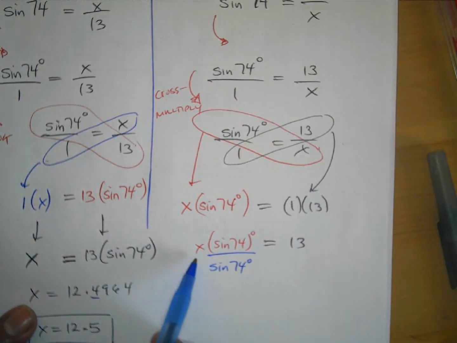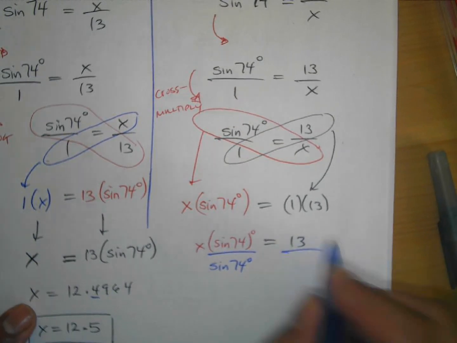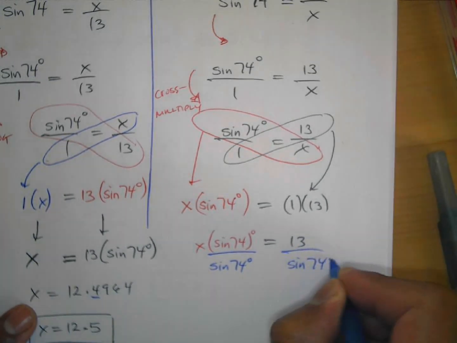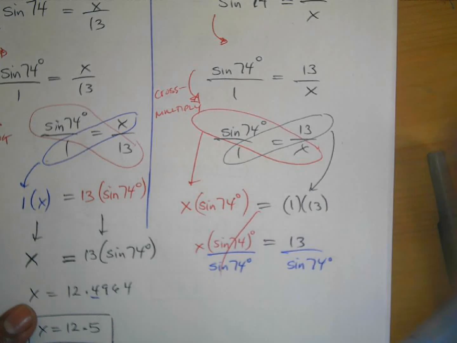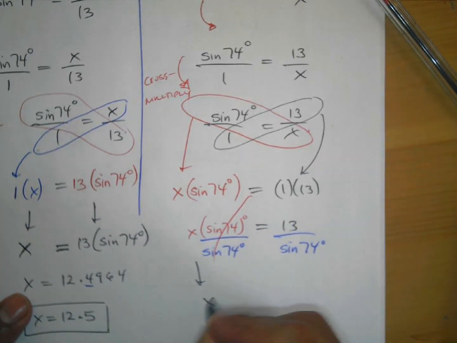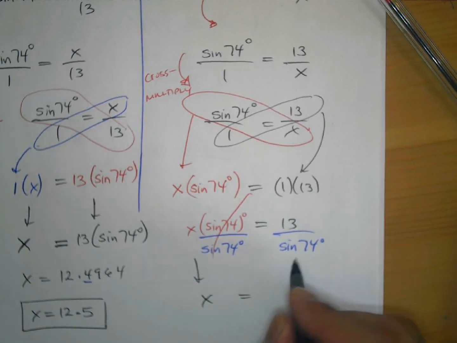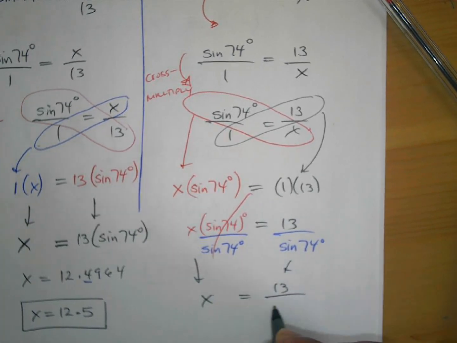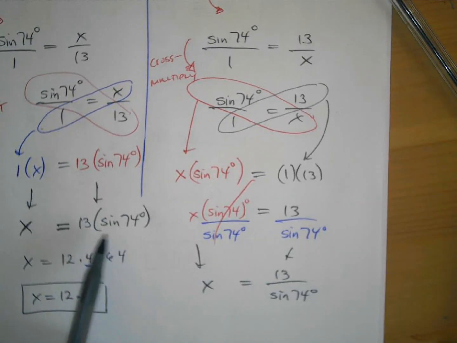We want to get x by itself, so you're going to divide this out, because this is multiplication. So divide and divide. Now you've got x by itself. x is equal to 13 divided by sine of 74. Over here it wasn't divided, it was multiplied.